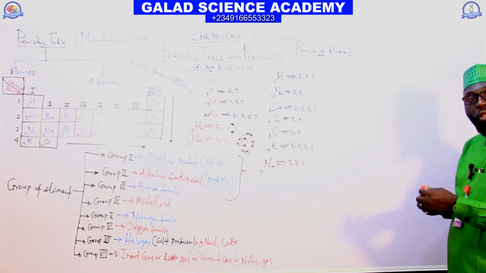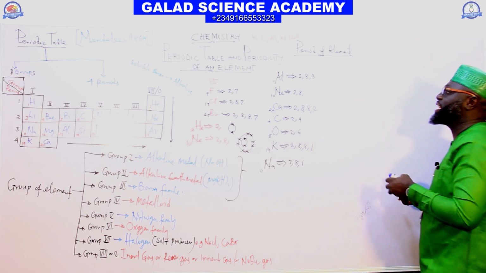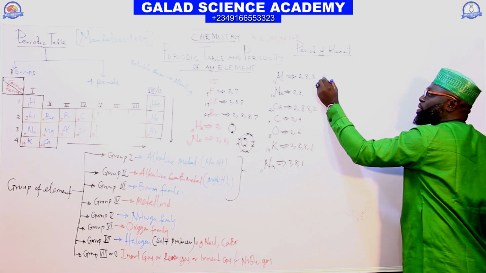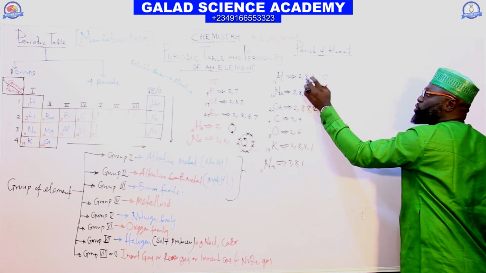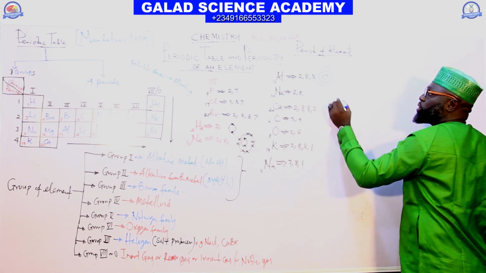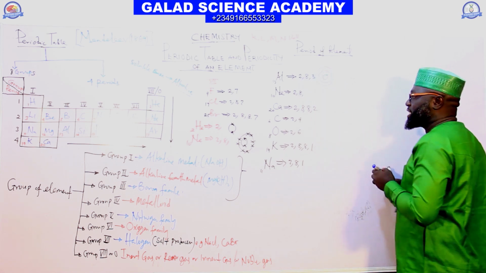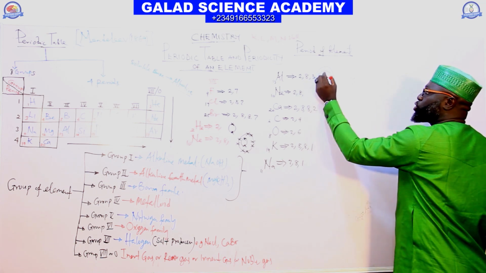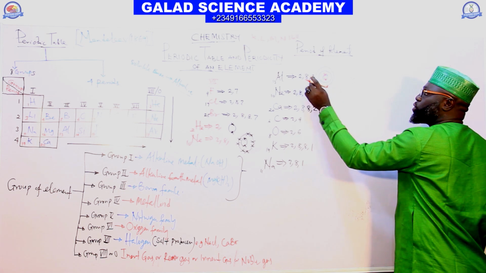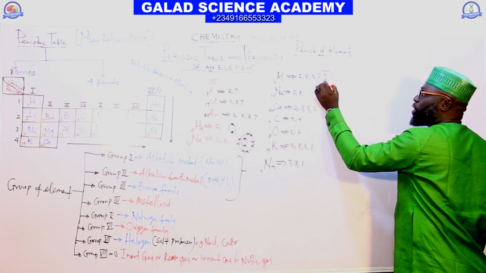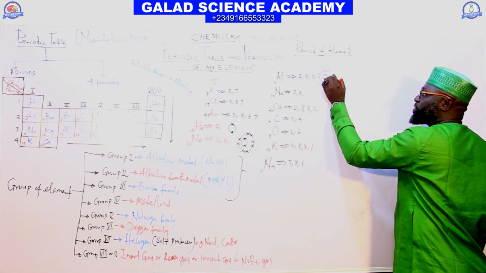Let me make it easier again. We can draw the shell for this one. What will be the shell? We have 1, 2, 3. The one inside contains 2 electrons. The middle one has 1, 2, 3, 4, 5, 6, 7, 8.